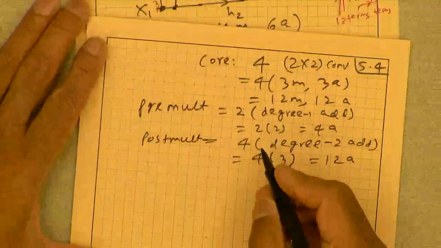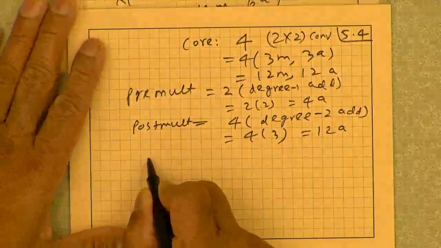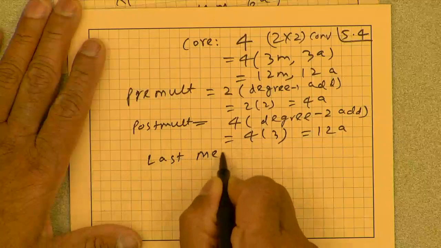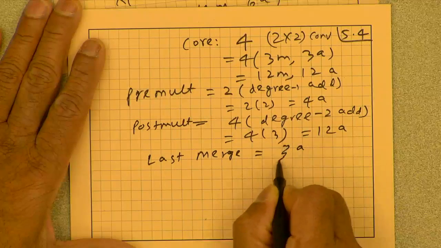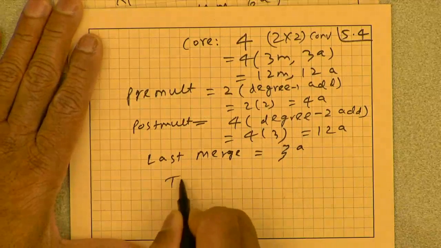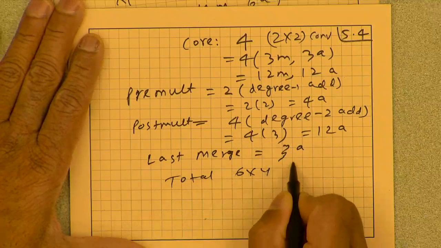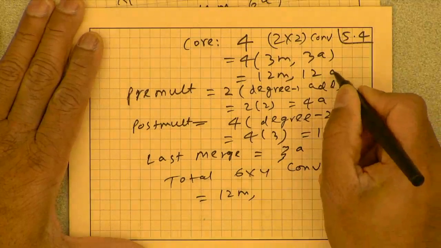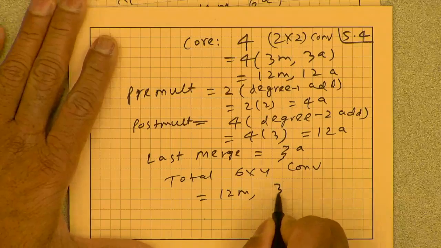So that's where the 12 things are compressed to 9 things. So finally that last merge part, we can call it merge or whatever, is 3 adds. So if we put these together, the total 6 by 4 convolution, iterated convolution, will require 12 multiply, 12 plus 4, 16, plus 12, 28, plus 3, 31 adds.